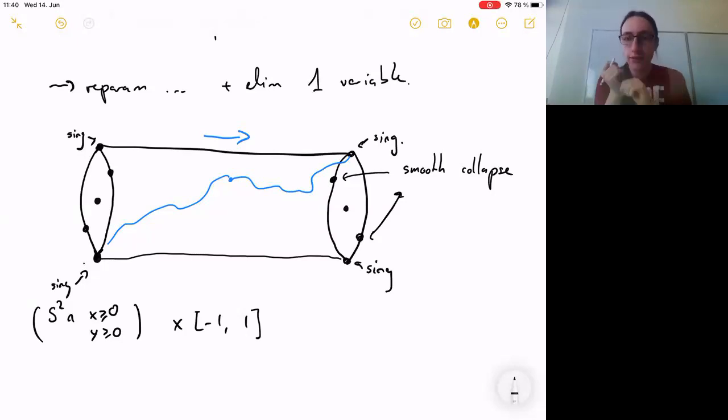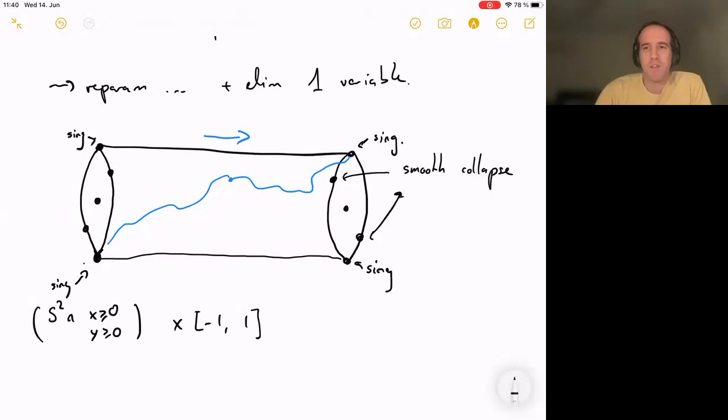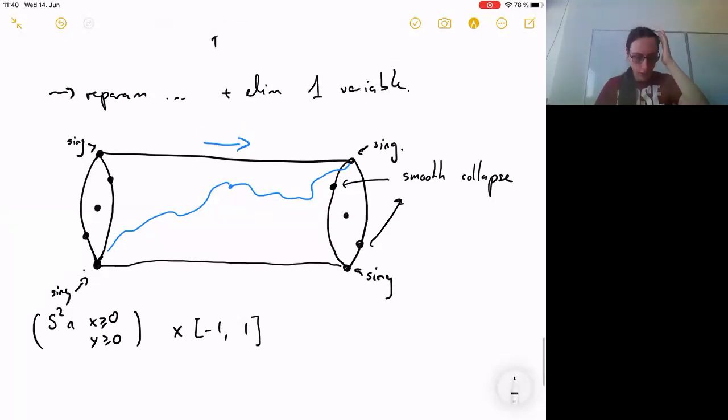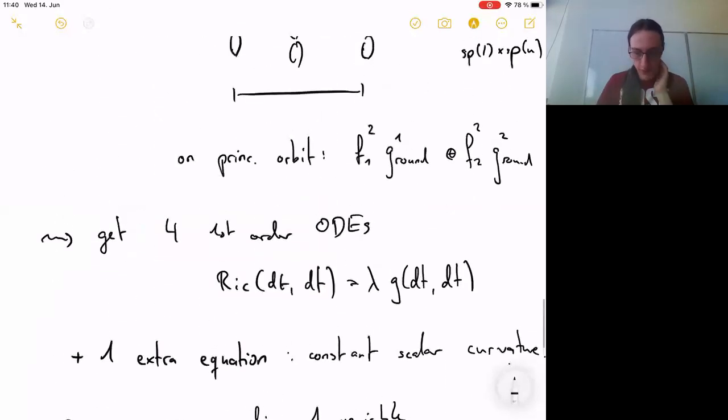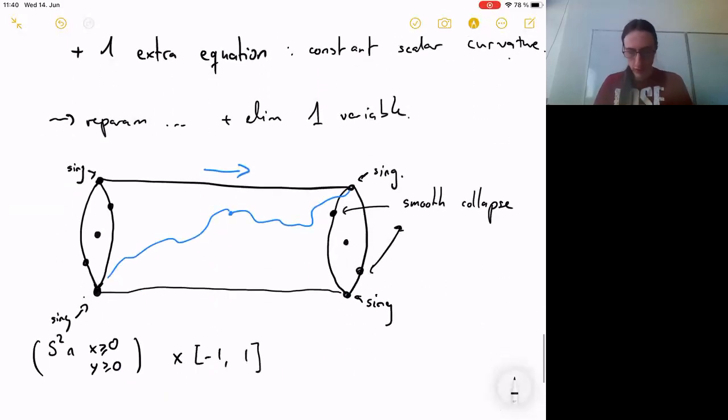So Jan, when you say smooth collapse, you mean that the derivative of the one going to 0 is like plus minus 1, something like that? Yes. So in the language of these functions, that's the smoothness condition, that the derivative is 1. What I mean is that the metric you will get will smoothly extend over the singular orbit.